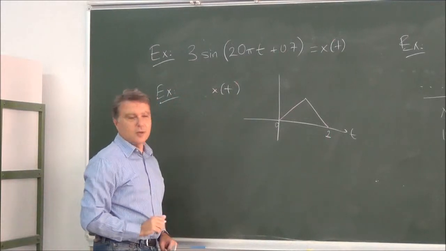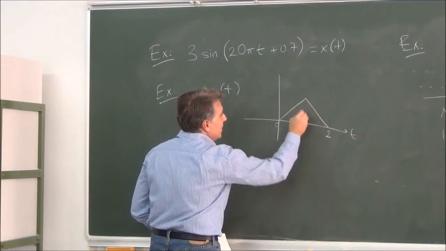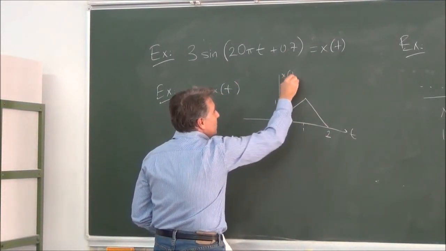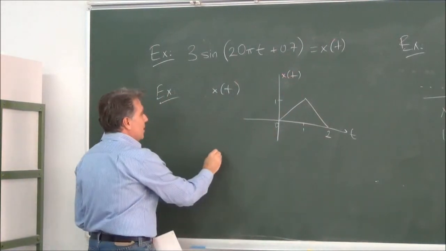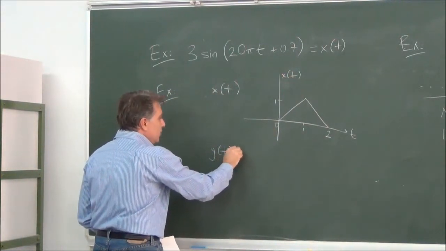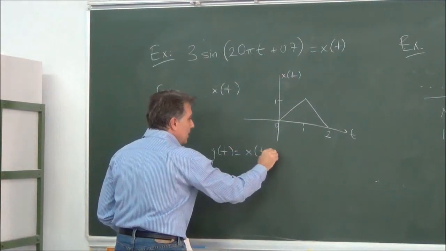Let's assume so. And the peak is at 1, and this is 1. This is x of t, just an example signal. Plot y of t, which is equal to x of t plus 1.